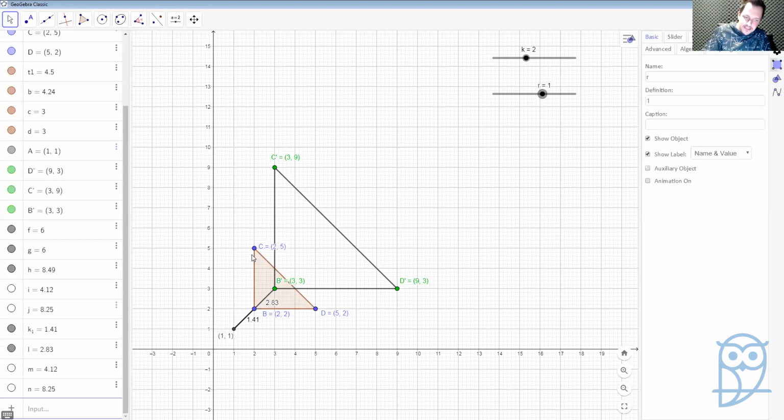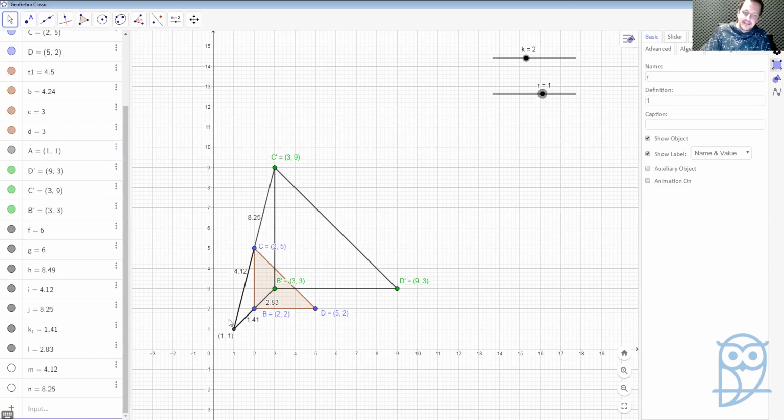If we have a look at this distance here, from our center of enlargement up to C, that length is 4.12. But again, it's this distance from the center of enlargement to the vertex. And in a straight line, we then need to continue double that length, and we get to C dash, 8.25, and it's 5 because it's rounded off.